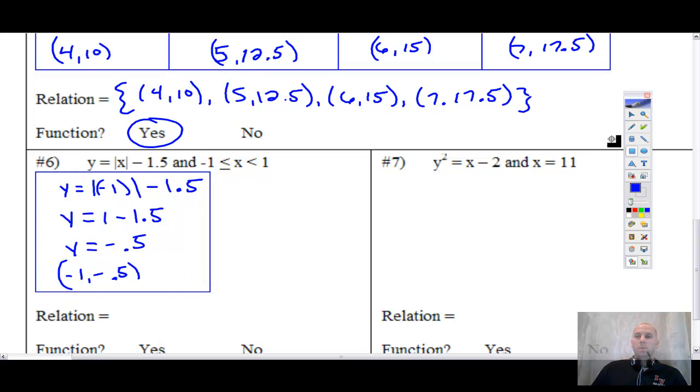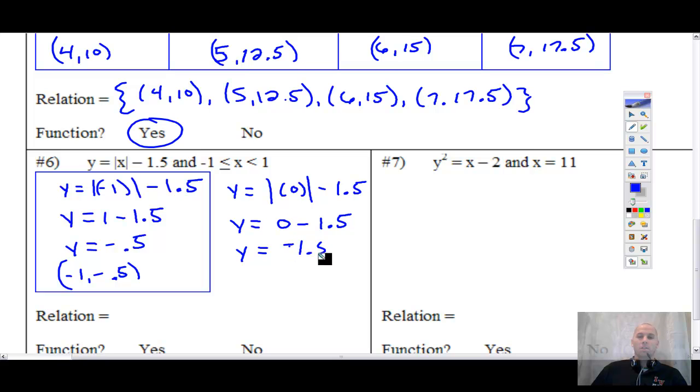The other integer in my domain is 0. The absolute value of 0 is 0. 0 minus 1.5 is -1.5. Gives me an ordered pair of 0 and -1.5.